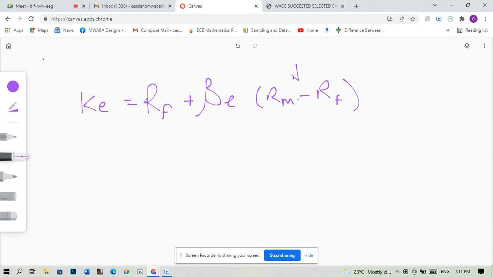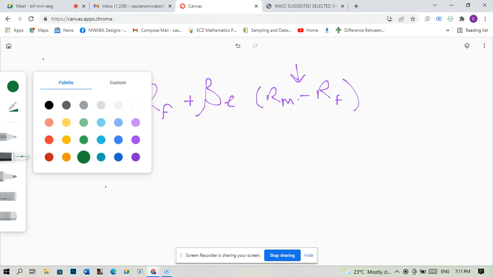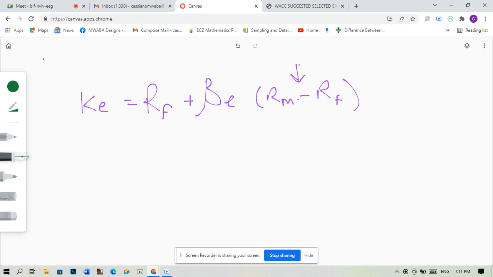So this RM minus RF represents our equity premium. This is the excess you get for investing in the market. Equity premium.